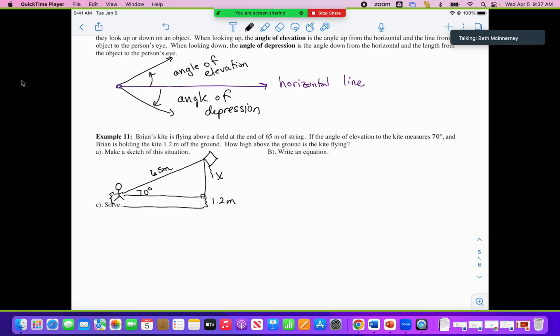So what trig function would you need to use to first find the x? Sine. So you would say the sine of 70 equals x over 65. Make it a proportion and cross multiply.